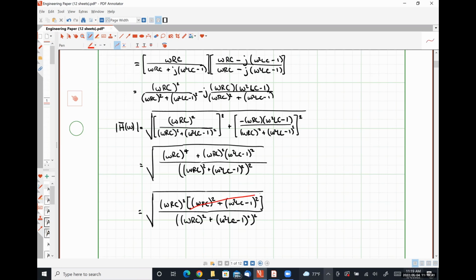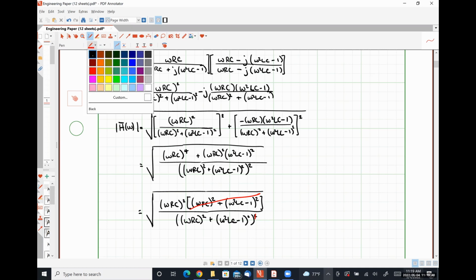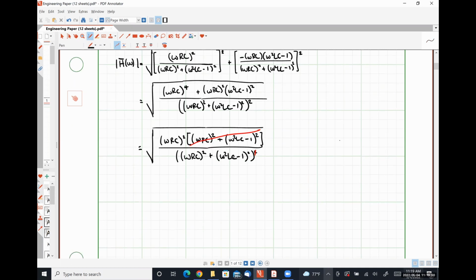And this term in the numerator cancels out one of my powers in the denominator, leaving me with omega RC divided by the square root of omega RC squared plus omega squared LC minus 1 squared.